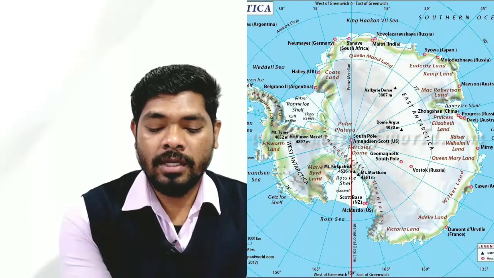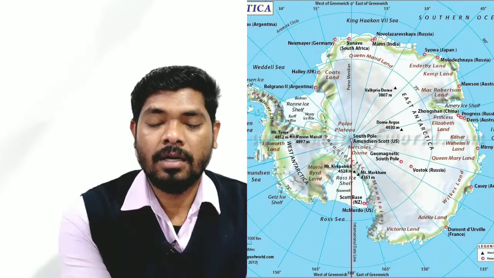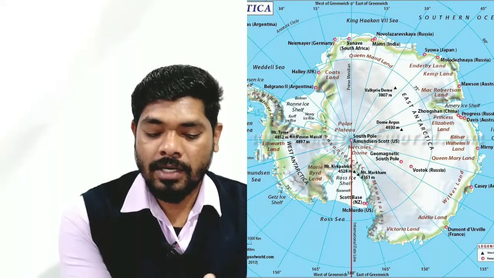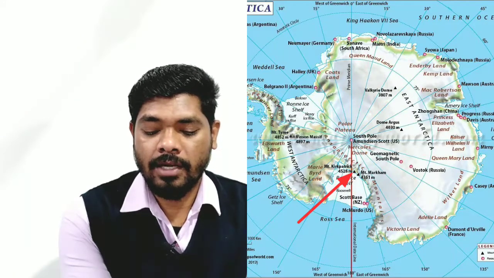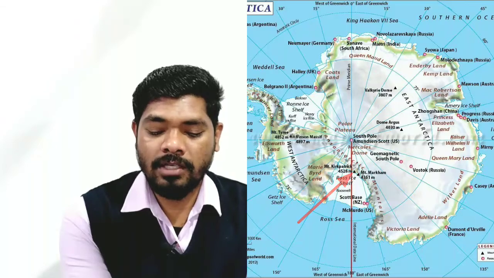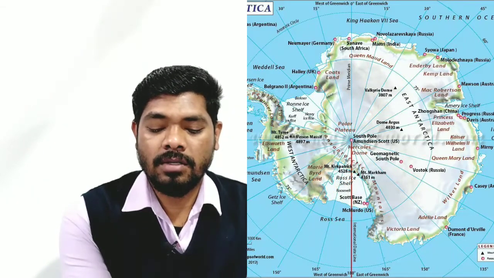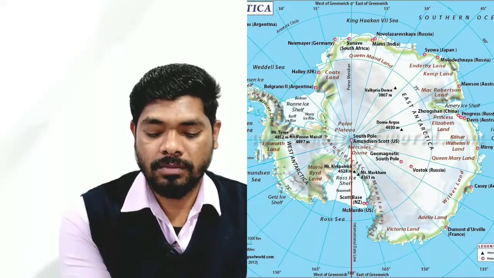Then the highest point in eastern Antarctica, the Greater Antarctica side, is Kirkpatrick, which is 4,528 meters, in the Transantarctic Mountains.